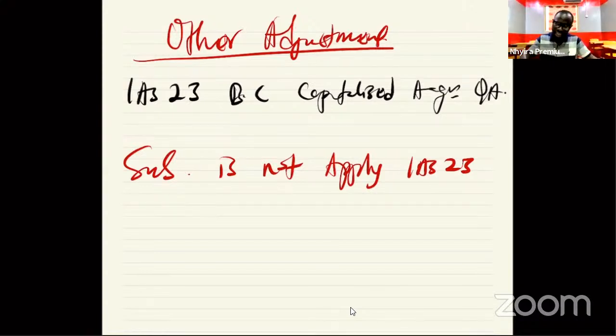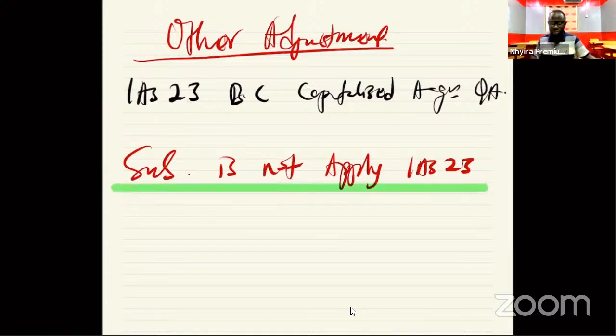For that reason, if, for instance, the subsidiary is not applying IAS 23, now that they have been acquired by the parent, we need to apply IAS 23.